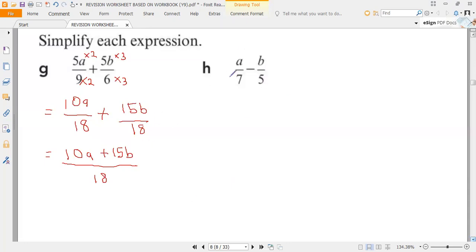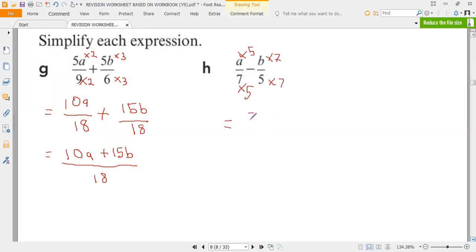Let's do the same thing for h. 7 and 5. Unfortunately, we cannot find any smaller number. We have to make both become 35. So times 5, times 5, times 7, times 7.